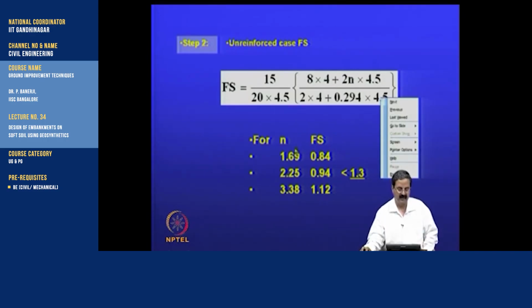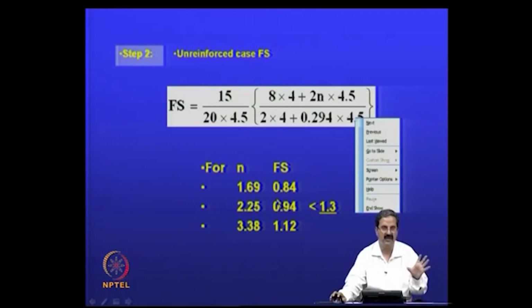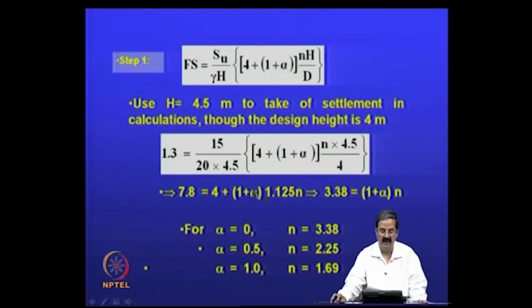What is the difference between all these three things is the area of cross section of the sand embankment material required. If I go for a very stiff geogrid, I can go for only 1.69, and the area of cross section required is reduced, meeting a target factor of safety of 1.3.